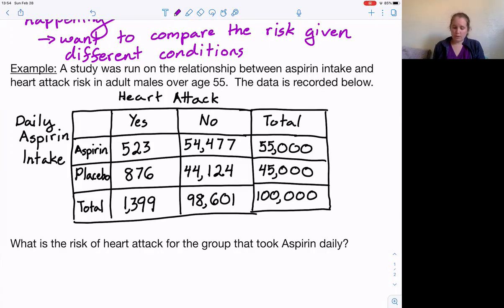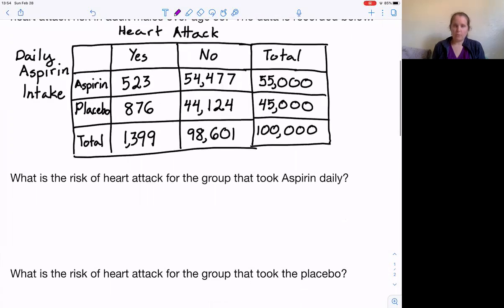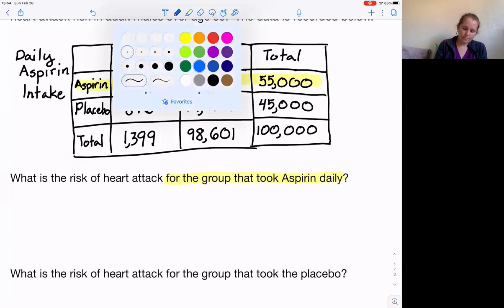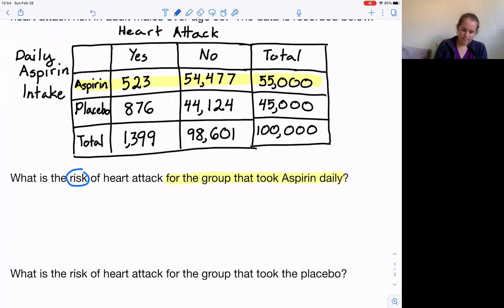So first, we're just going to take a look at the risk. So we want to know, what is the risk of heart attack for the group that took aspirin daily? Here we are specifying that we are only considering the group that took aspirin daily. So we will look just at our aspirin row. And we want to know the risk, the chance, the probability of heart attack.